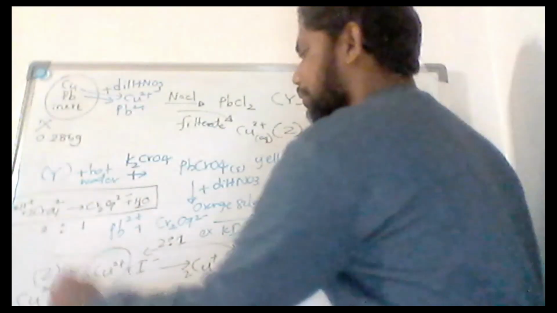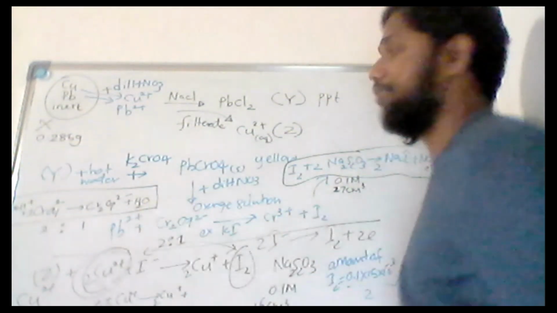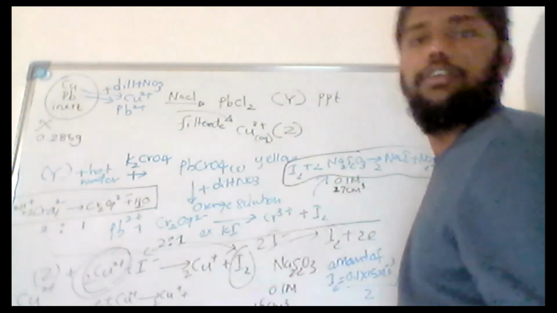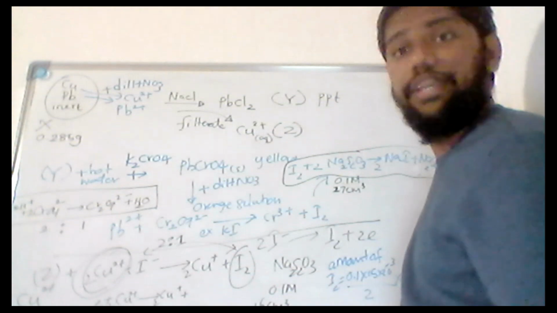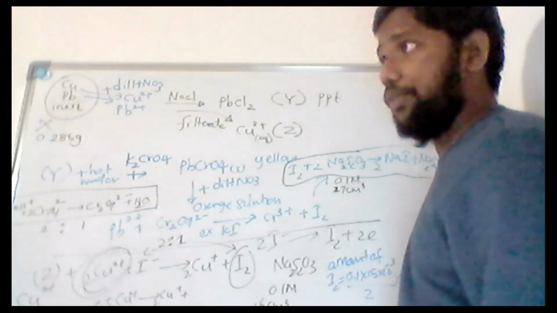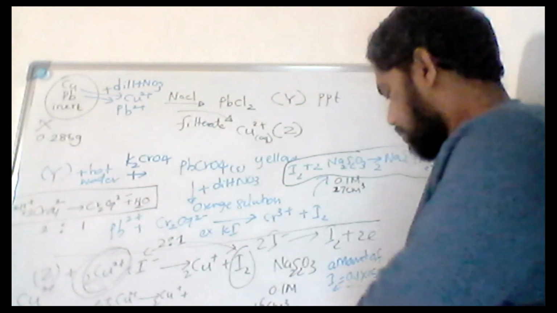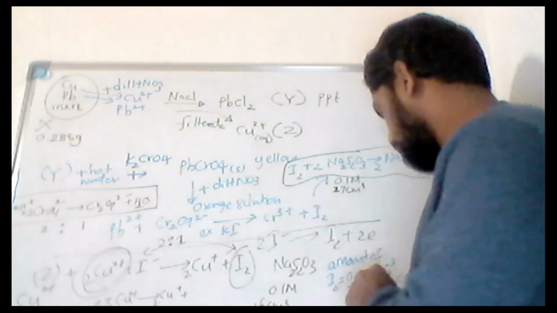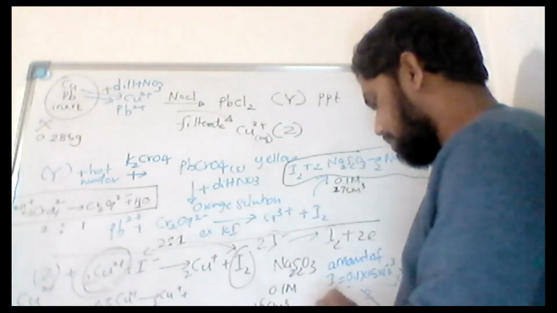You know how much copper 2 plus is present in this filtrate, so you know the number of moles of copper 2 plus. What you have to do is just multiply by the copper weight, because 2 plus means just the removal of electrons. When you remove electrons, the mass is not changed. So this 2 and this 2 is going to cancel out, and the amount of copper 2 plus is known.